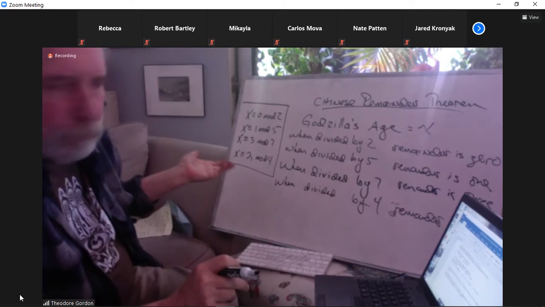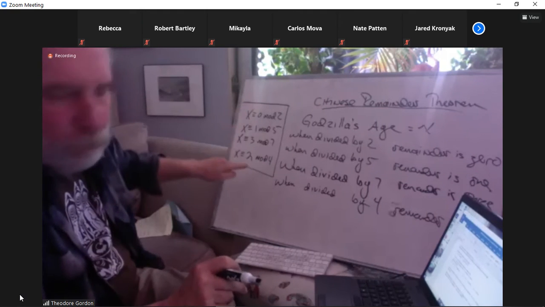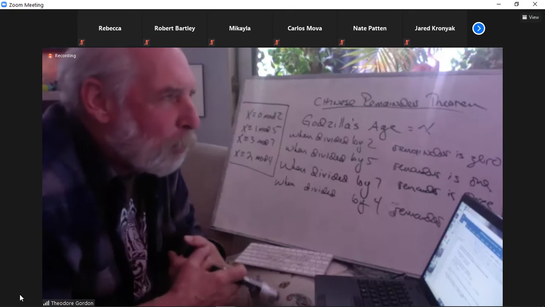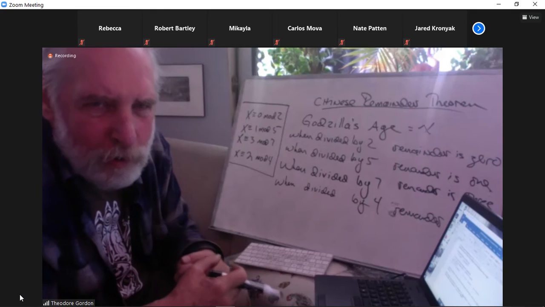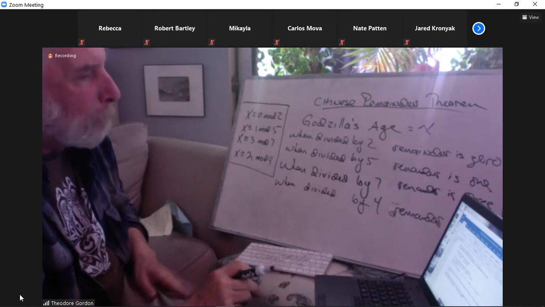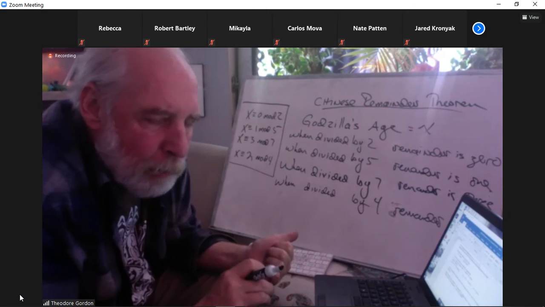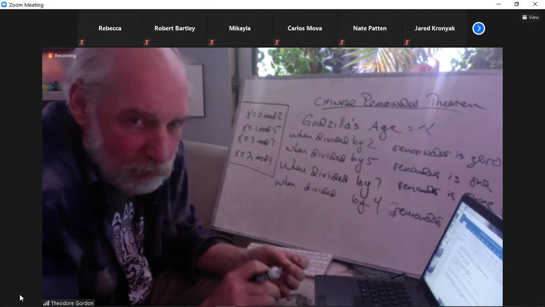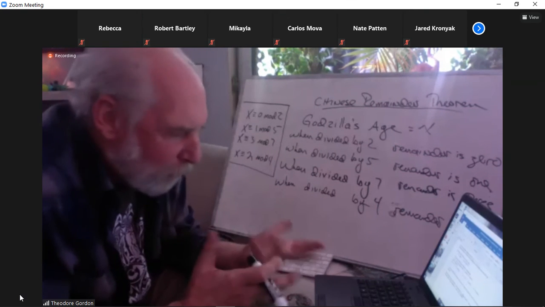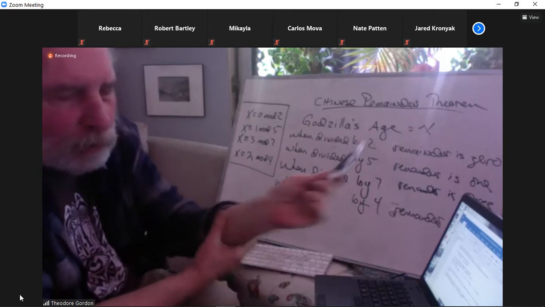In other words, 4 equations, 4 unknowns, except the X is the same for all of these. At some point you learned how to do 2 equations, 2 unknowns with X's and Y's and the lines crossed. This is the same kind of thing. In order to do the Chinese remainder theorem, we have to be able to calculate an inverse. So your homework tonight is just going to be finding some inverses and trying to figure out how old Godzilla is, and I'll explain all that next time.